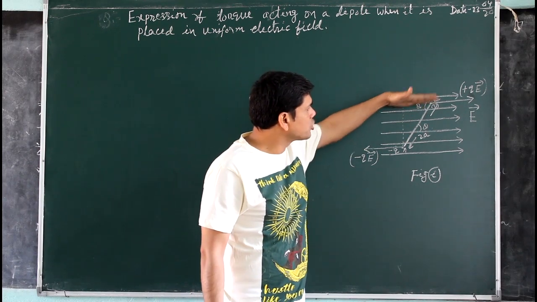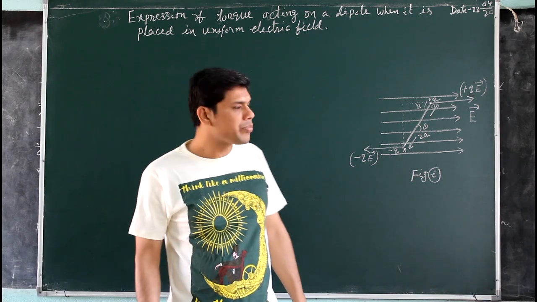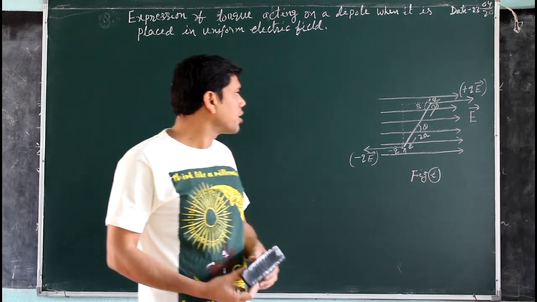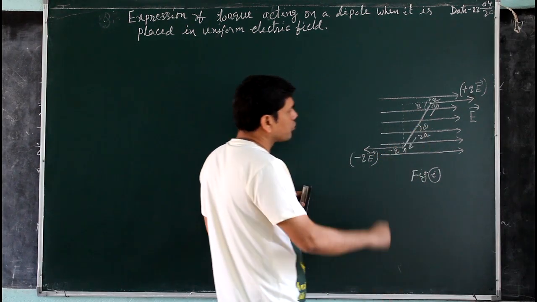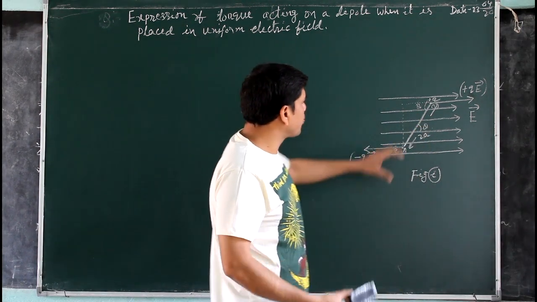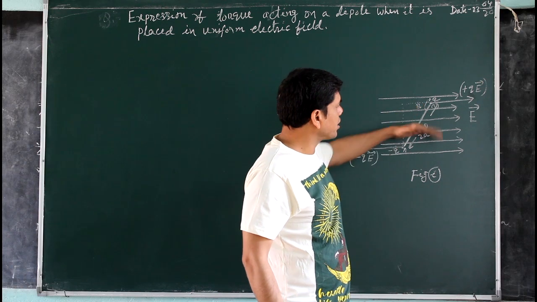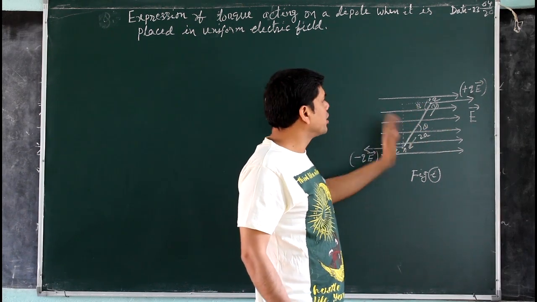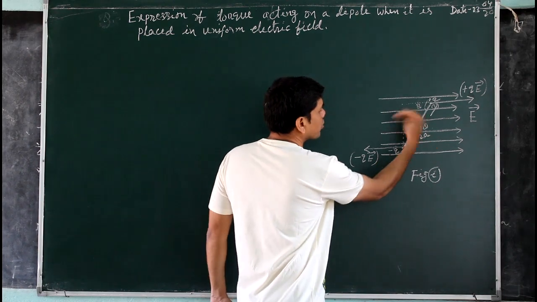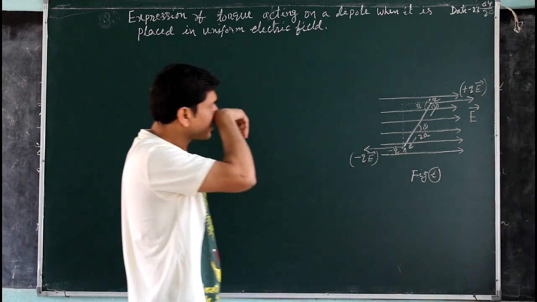But as these two forces are the same but opposite to each other and parallel to each other, they will produce a torque. Due to that torque, this dipole will move either along this direction or opposite to it. Now we have to find the expression.